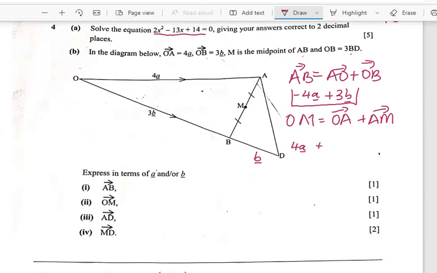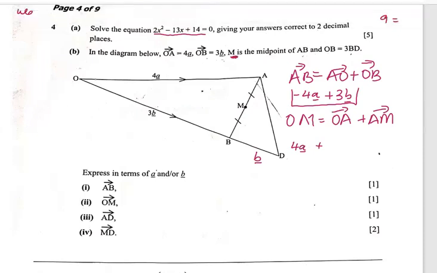Plus, what we want is AM, which is half. You remember, here we're told that M is the midpoint, isn't it? So from A to M, it is half of AB, which is the midpoint. AB, we already got it here as minus 4a plus 3b. That's what we got, isn't it? Then we can move further now and work out this part here. So we're going to have 4a.